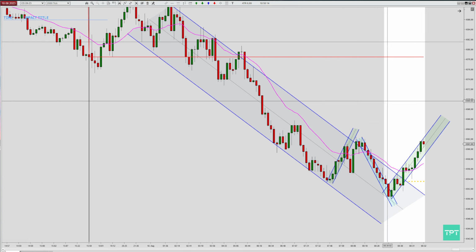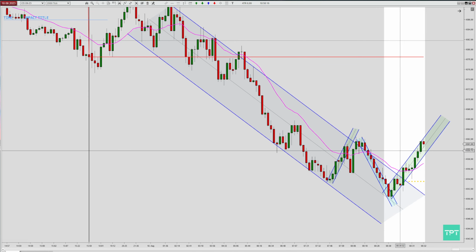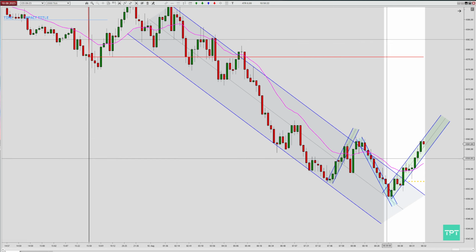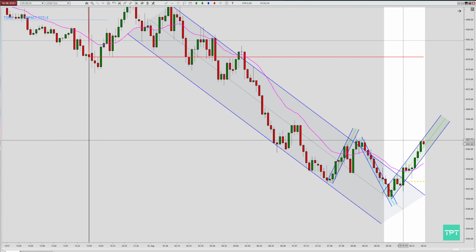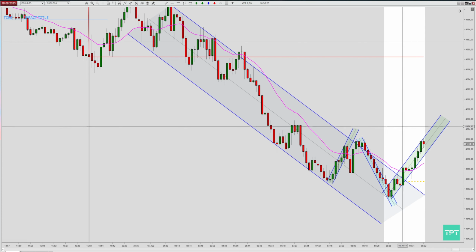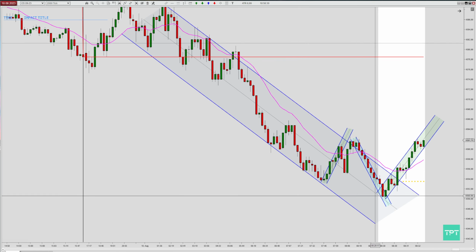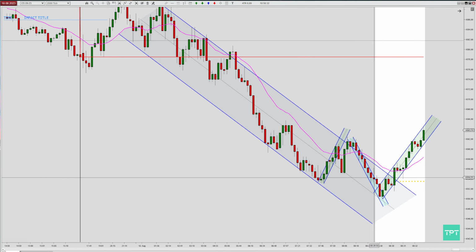So this is a sign that something has changed. So right now we are switching our bias from before it was to the short side to the long side, or respectively to neutral, because we want to see what prices are doing and how prices are progressing.